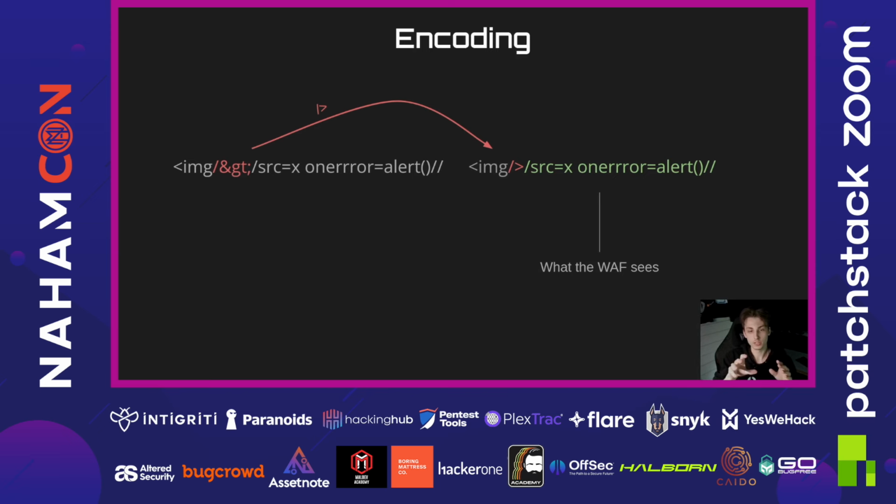The reason is that the firewall sees an image tag and also sees its closing. So it thinks that everything that comes after this is just plain text and not inside an HTML attribute or HTML tag.